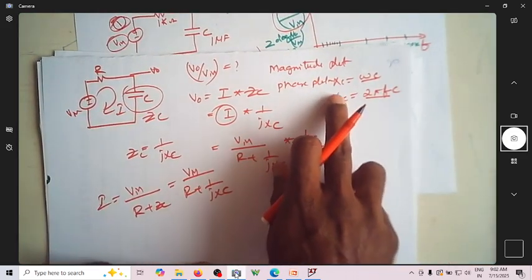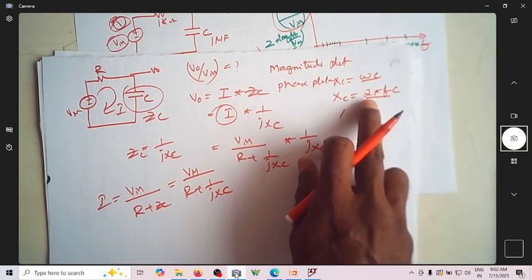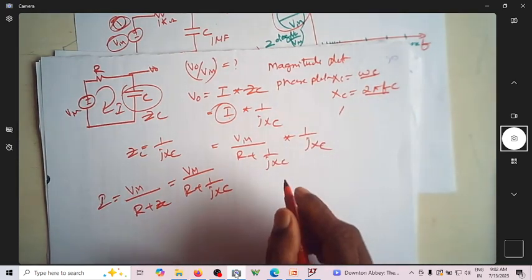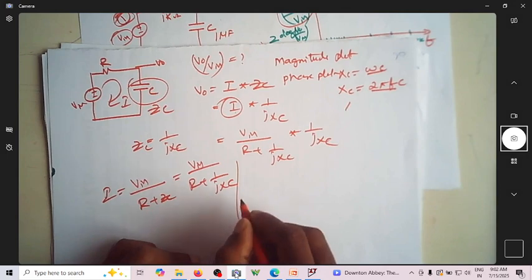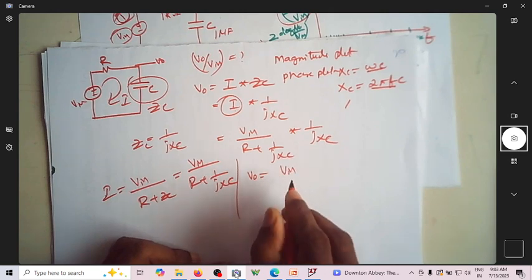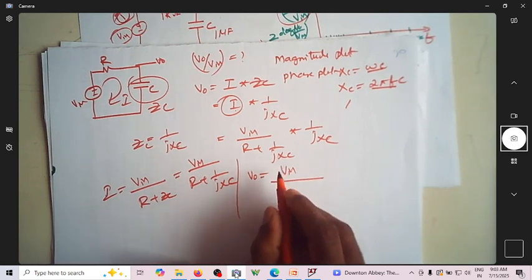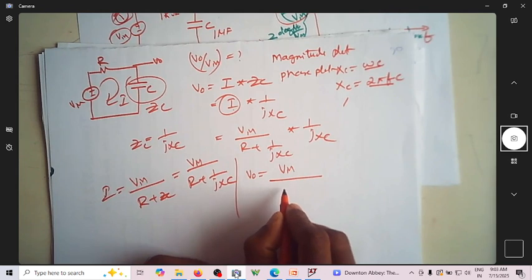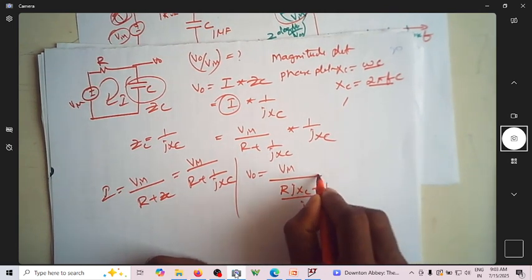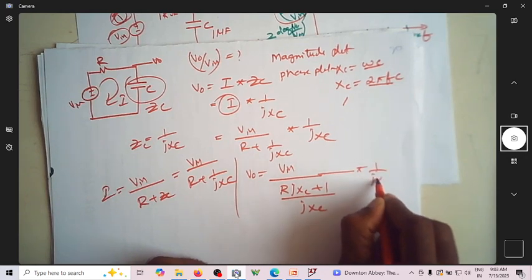Omega is nothing but angular frequency, it is 2 pi f into C. So now let me just find out V naught is equal to V in. Let me take the LCM here. It is R jXC plus 1 by jXC, and this is into 1 over jXC.